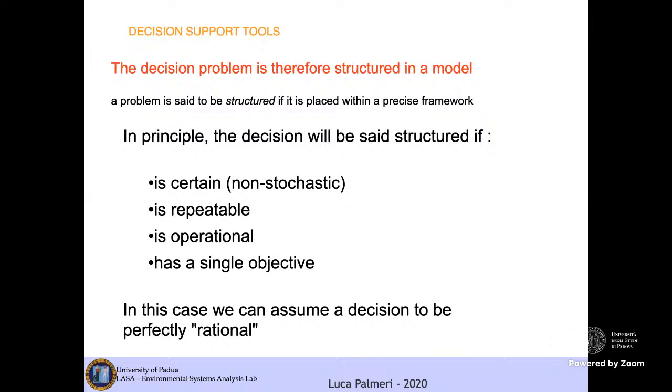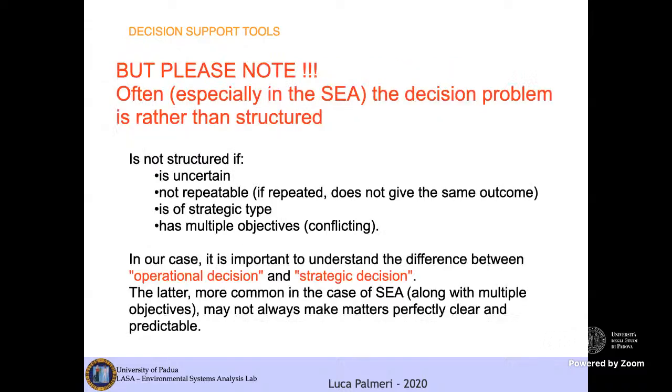So if the decision is not random, it is certain, it is repeatable by different decisors, it is operational, manipulable in mathematical terms, and there is a single objective, then the decision may be said to be perfectly rational.